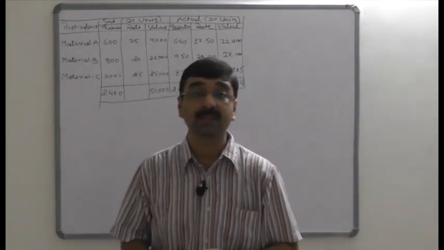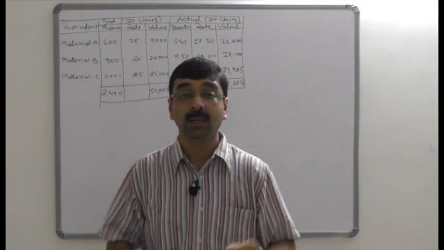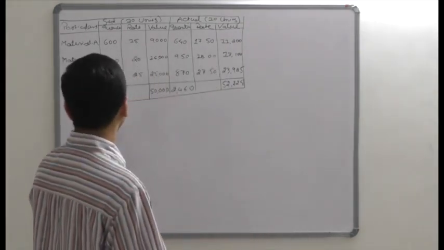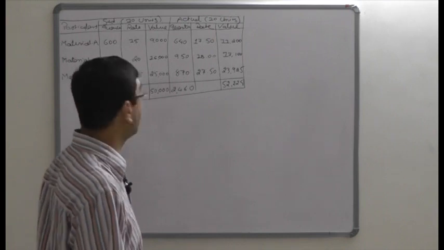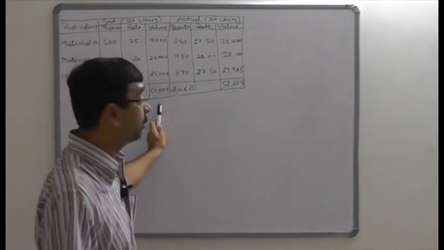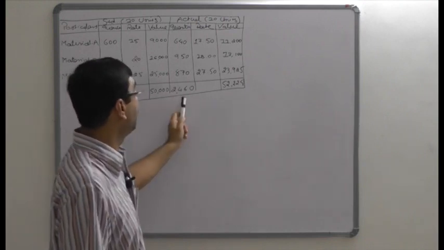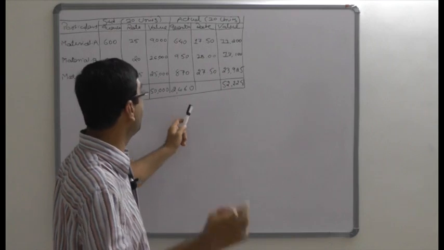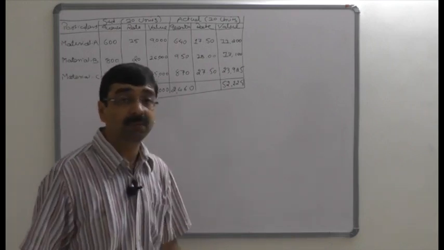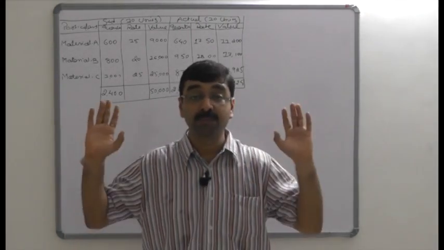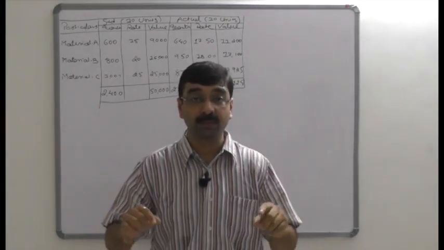From the prima facie observations of this table, you can easily identify how much standard quantity is required, that is 2,400, and for that they are ready to spend 50,000 rupees, but actually they purchased raw material from the market, that is 2,460 units, and for that they spent 52,225. This is the first part of this problem.